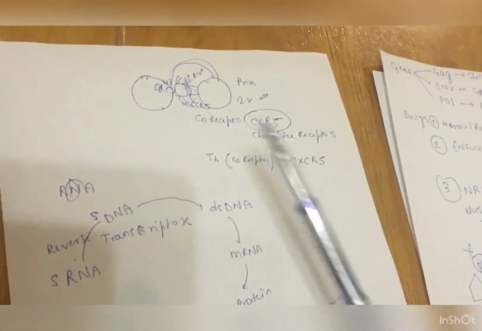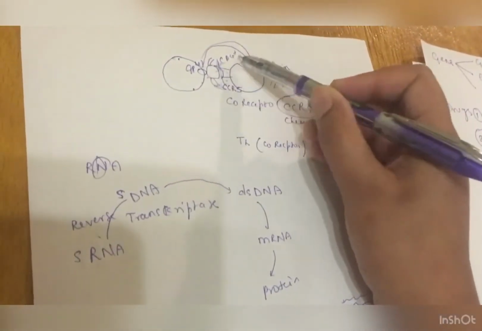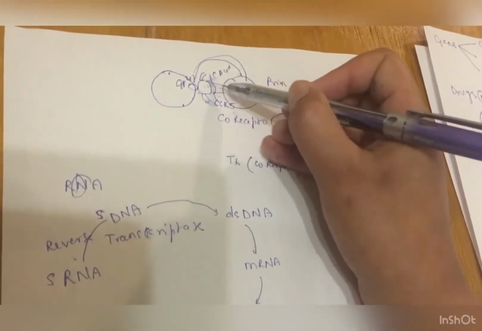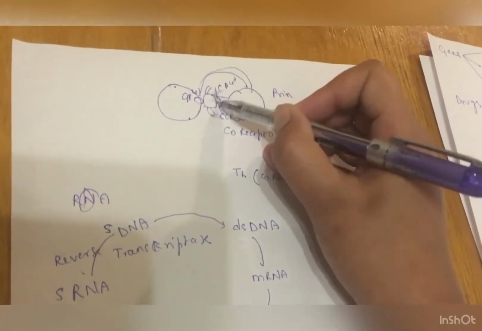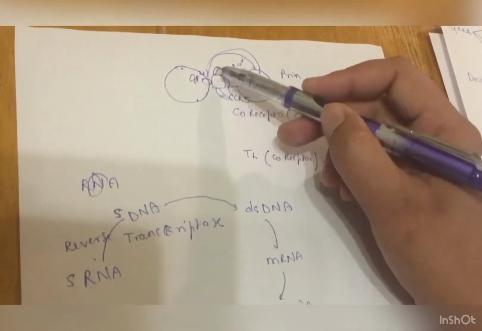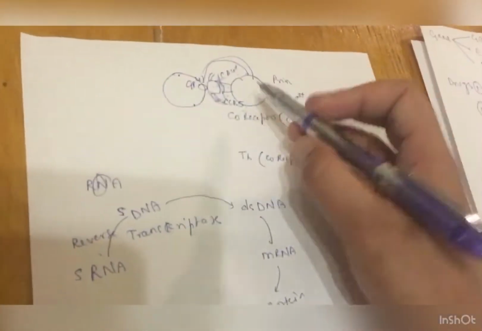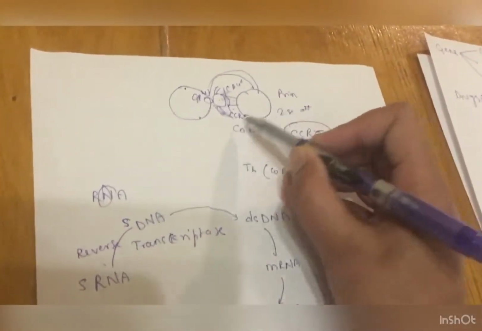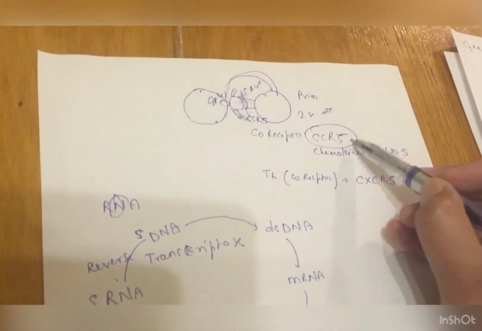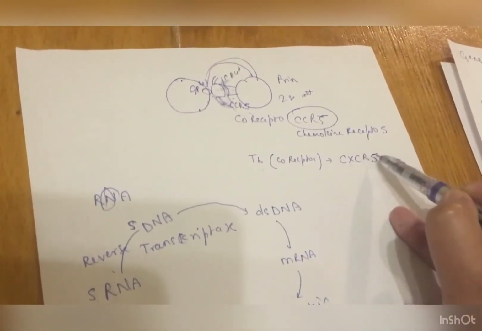Now how does this virus attach to our macrophage? On the macrophage there is a CD4 positive receptor, and GP120 attaches to the CD4 positive receptor, and this is called primary attachment. After primary attachment, two more sites of GP120 are activated, and it attaches to the co-receptor of the macrophage, which is CCR5, chemokine receptor 5, and the co-receptor of T helper cell is CXCR5.